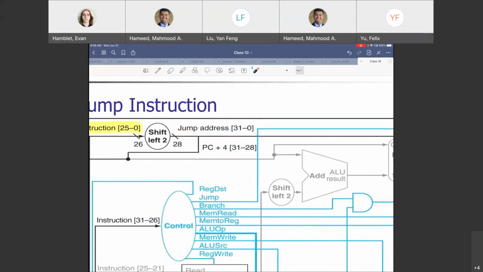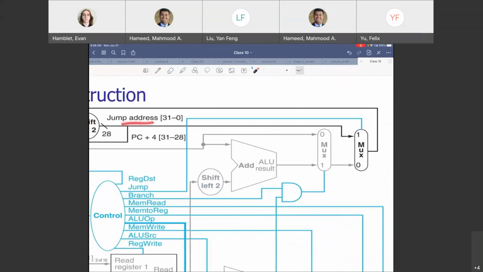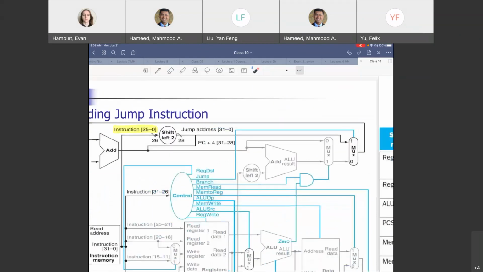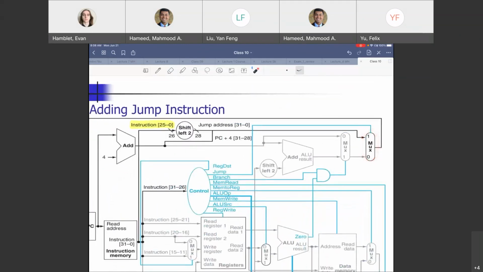How are we doing that? We take that 32-bit jump address and go into a mux. And with this mux, you are either picking up the 32-bit jump address or this. What is this? This is coming from another mux in which you have either used PC plus 4 or the branch target address.